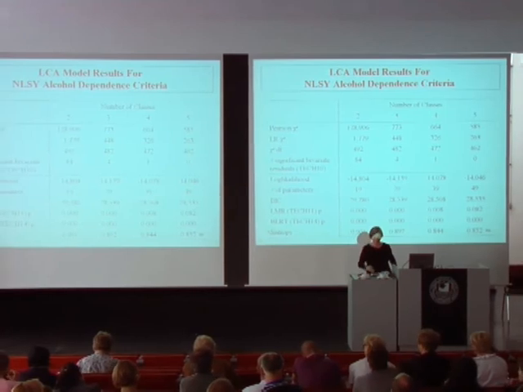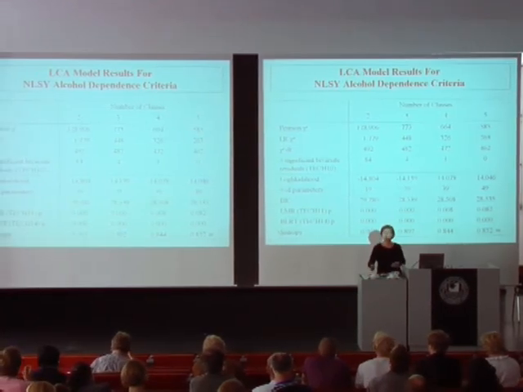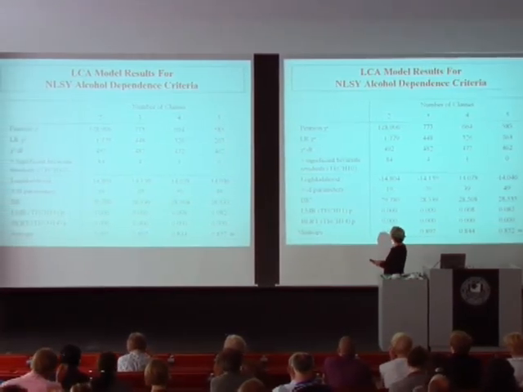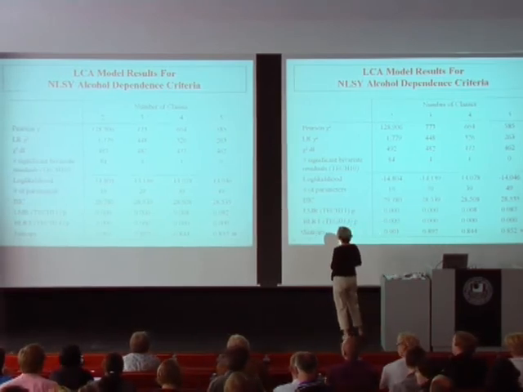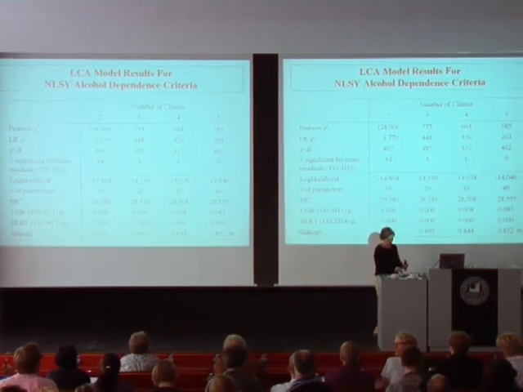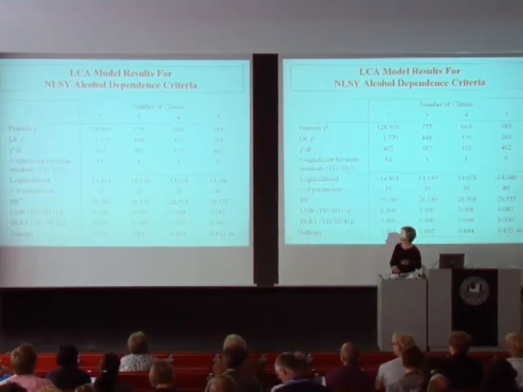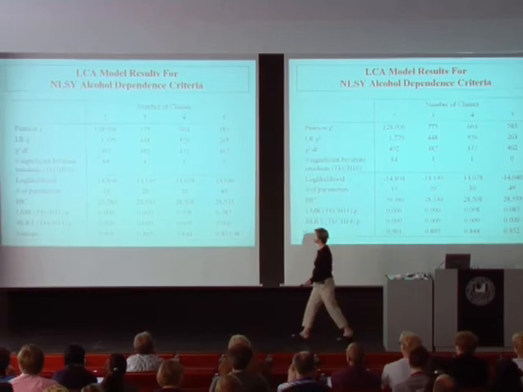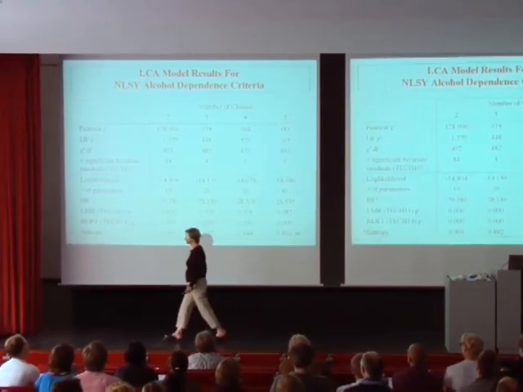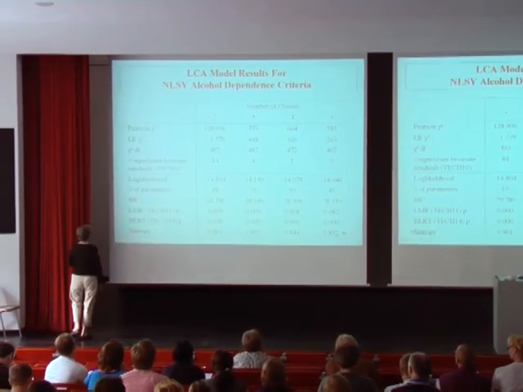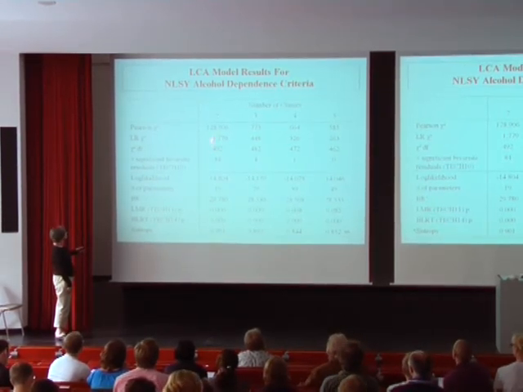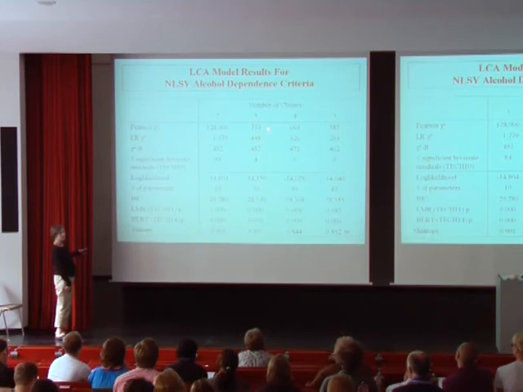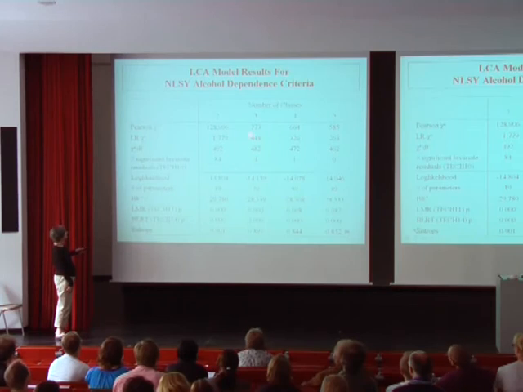So now what we're doing is we're going back to the example that we looked at earlier. If you remember, we were looking at the alcohol example, and we looked at between 2 and 3 classes. We saw these are the numbers we looked at, the 1779 and the 448, the chi-square values.